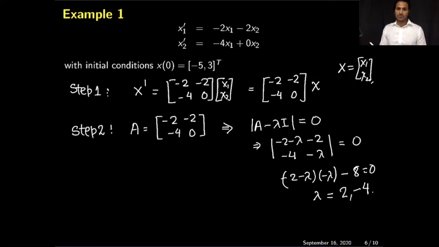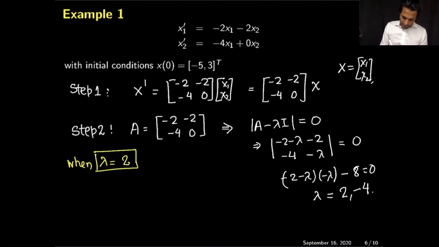Next we have to find the eigenvectors corresponding to the eigenvalues. Let's take the first one. When the eigenvalue is 2, we find the corresponding eigenvector.